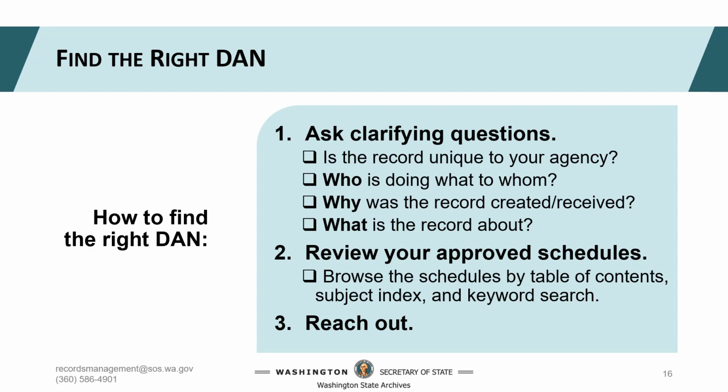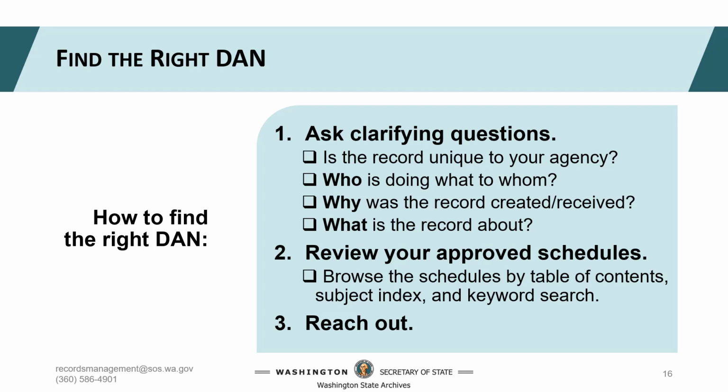Understanding how a record is processed and who is involved will reinforce which schedule to use and land you in the correct functional category. Understanding the context of a record is going to reinforce that functional category. And knowing what the record is about will help you narrow in on the appropriate record series.